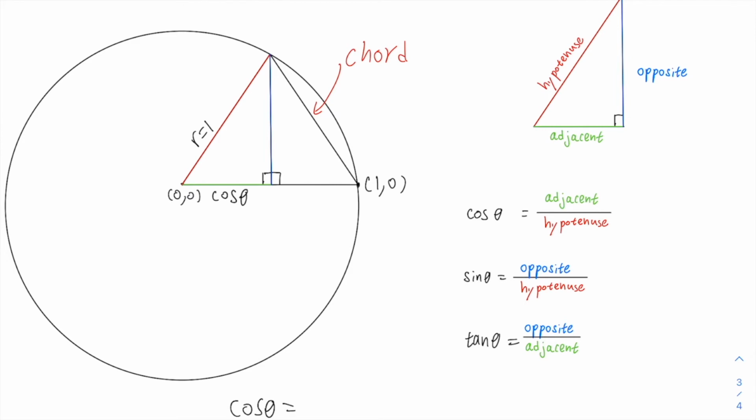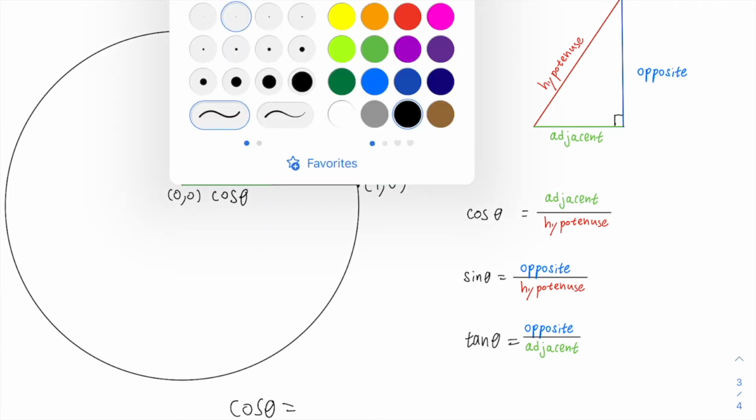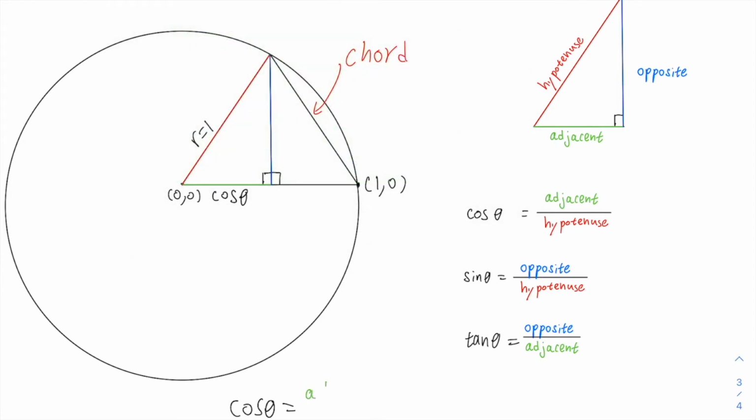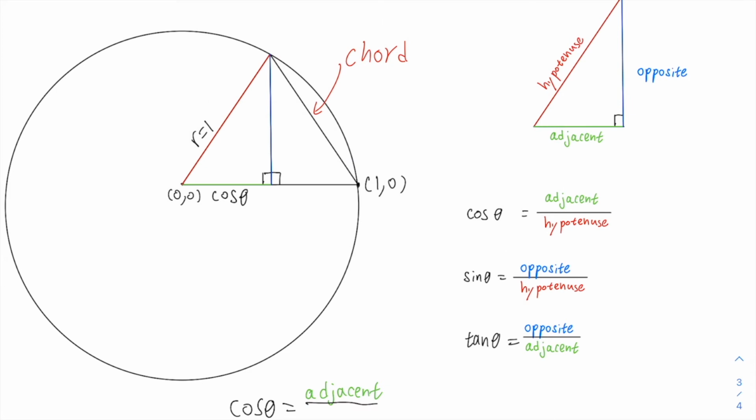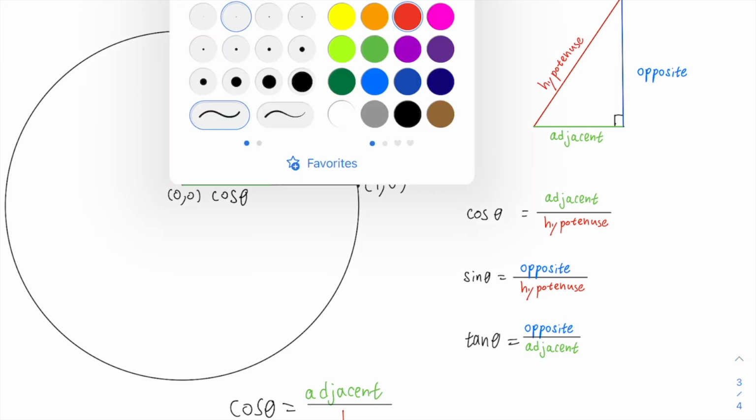So cosine theta equals the adjacent, which is the green line, divided by 1.